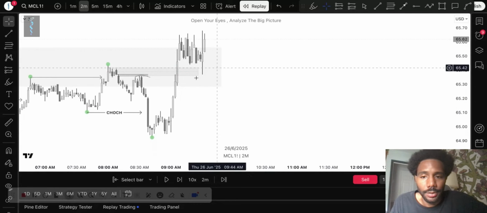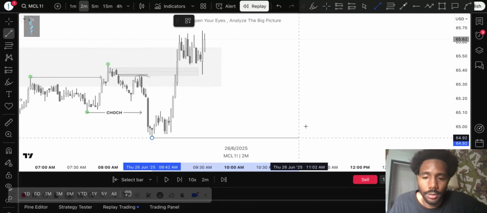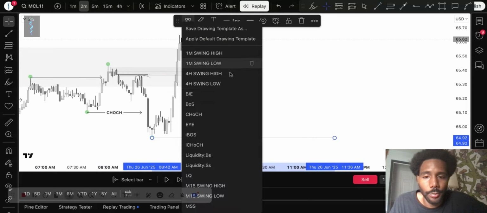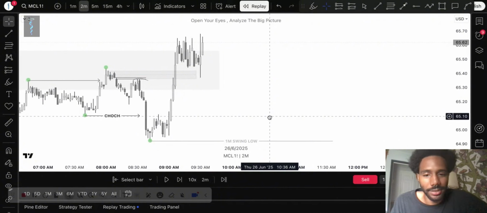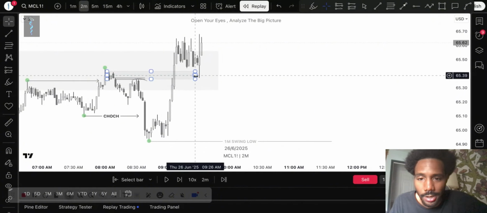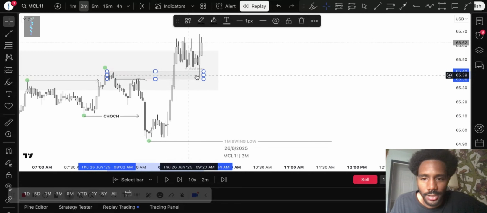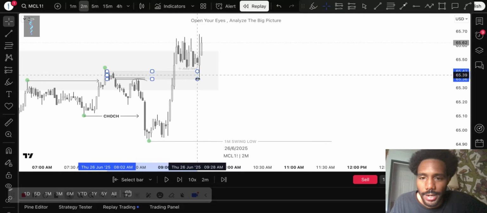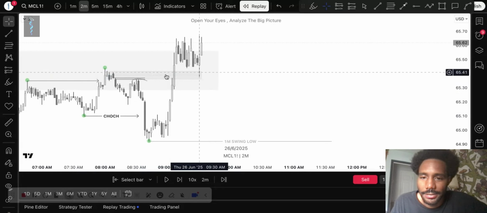I know for sure this will be my new 2 minute swing low, but we're going to label it as 1 for now. But anyways, you can see this right here is also a breaker block flip zone idea in here that already happened.